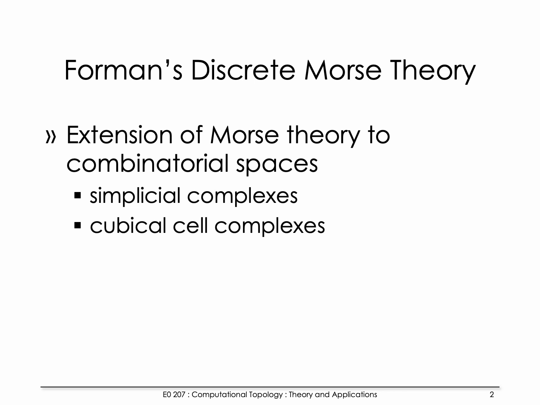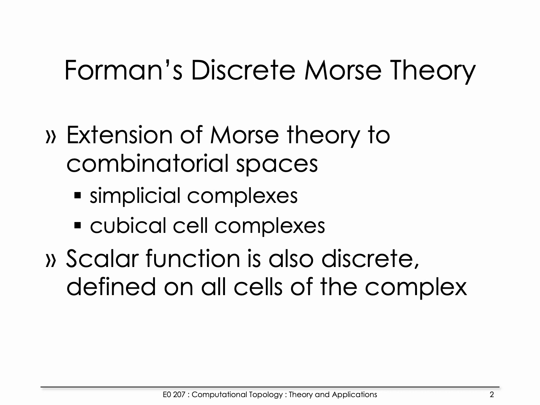Forman's version of discrete Morse theory works for general cell complexes. So this is the space on which the function is defined. The function in itself is also discrete, namely that the scalar function is defined on all cells of a simplicial complex.